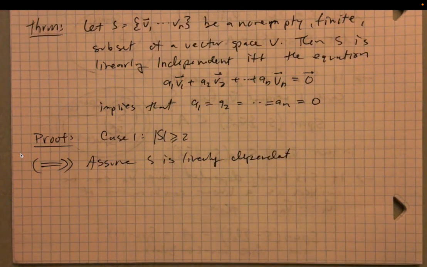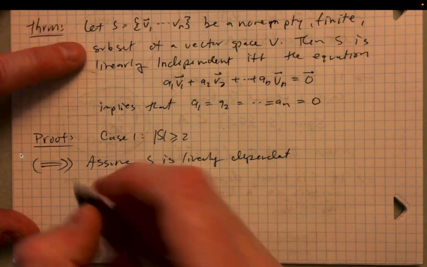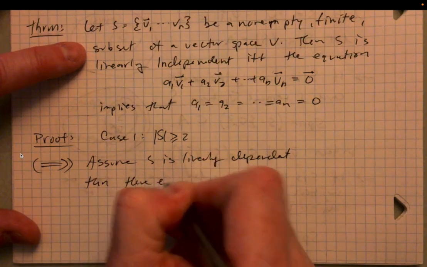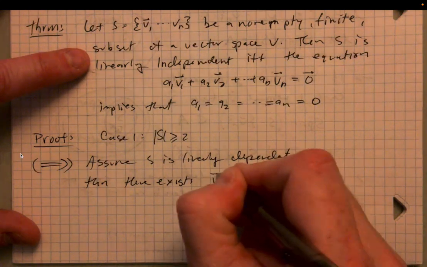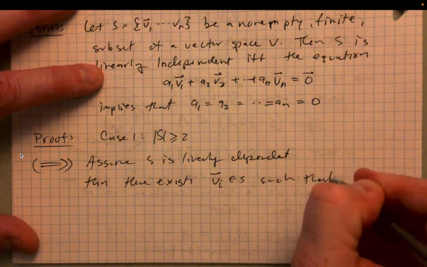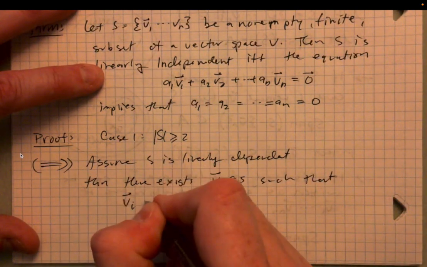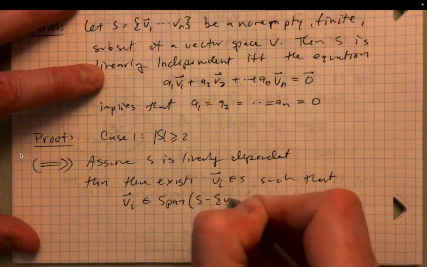Okay, we'll assume S is linearly dependent, and we'll show that at least one of the coefficients is non-zero. So if that's the case, then there exists some vi in S such that vi is going to be in the span of S minus vi.